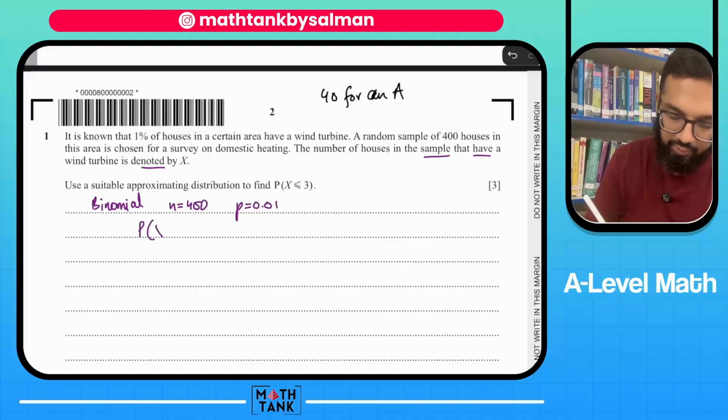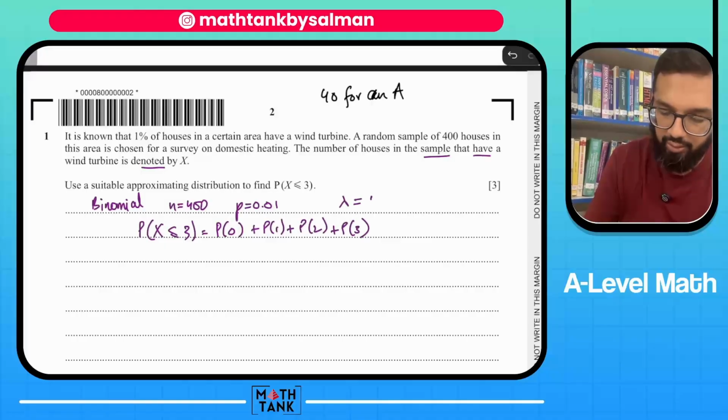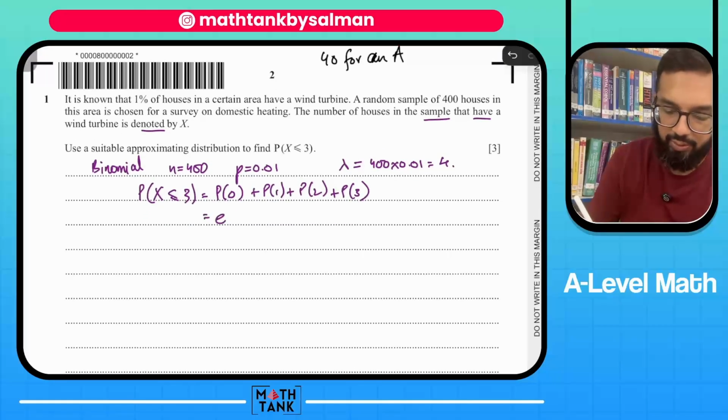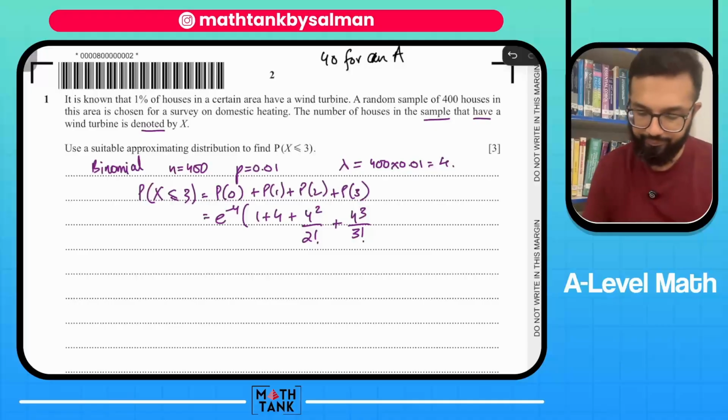So I want to calculate the probability of X less than or equal to 3. So that means 0, 1, 2, and 3. I will need lambda, 400 into 0.01. That gives me 4. So this becomes e to the power minus 4 times (1 plus 4 plus 4 squared over 2 factorial plus 4 cubed over 3 factorial).